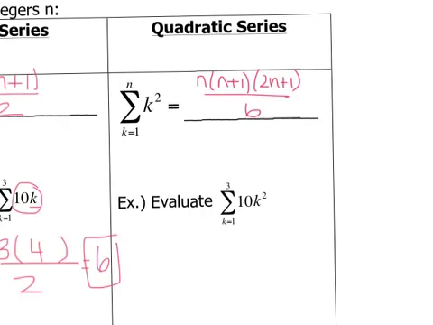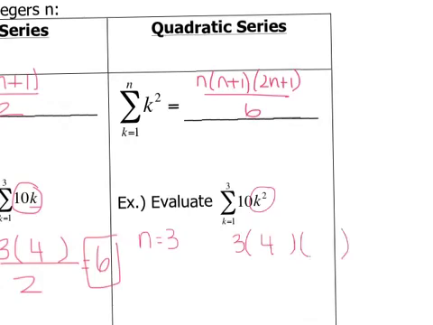On this example, if our value of n is 3, notice you have a quadratic series, variable to the power of 2. N is 3 times, what's n plus 1? 4.